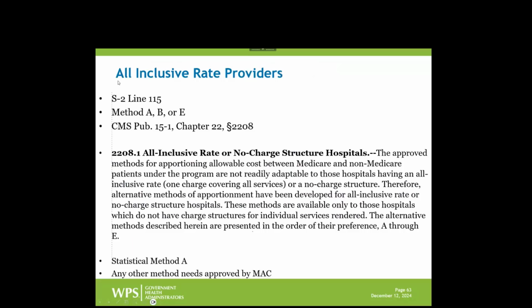This is a brand new topic that we have not covered before. We don't have a YouTube yet, but there is going to be one out there. That's on my list as well. So all-inclusive rate providers, just to give you this excerpt, this discussion, certain providers bundle a lot of different services into one overall charge. They don't have a charge structure that would be matchable to cost centers.